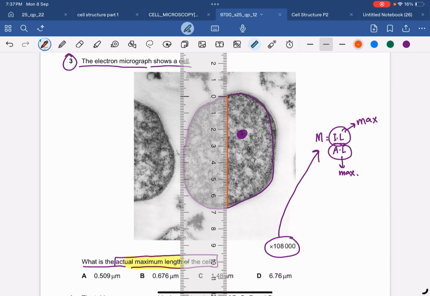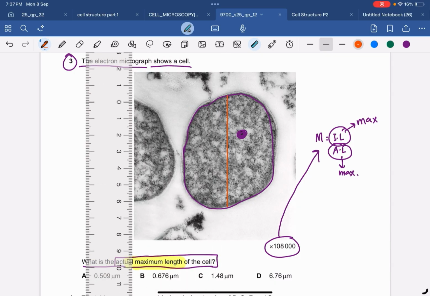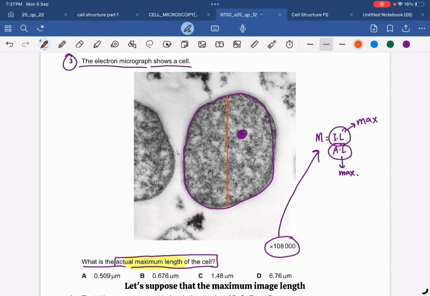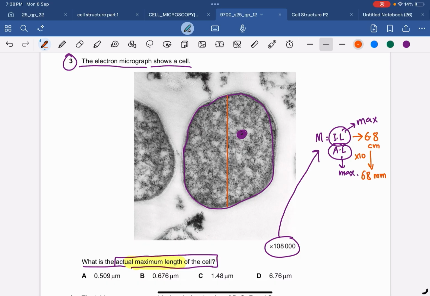This is coming to be about 6.5678. Let's suppose it is 6.8, right? Let's suppose that the maximum image length that is coming is 6.8 centimeters. Now we are going to convert this centimeter into millimeter by multiplying it by 10, right?